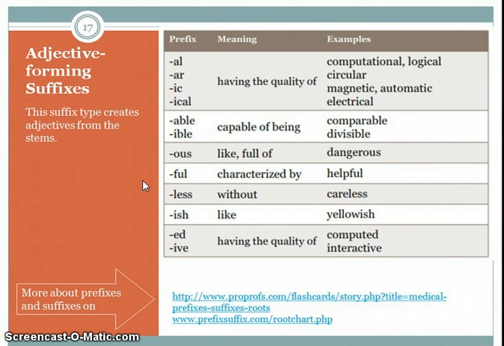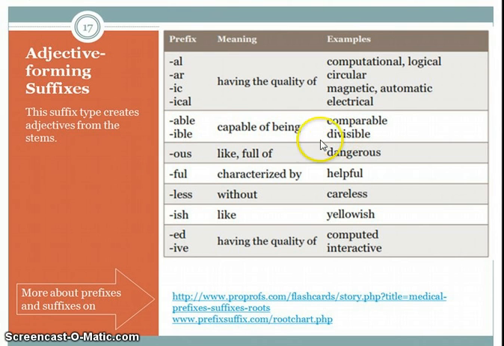And adjectives. Again, adjectives also have some meaning, and again here it should say suffix, and we can see how all of these have meaning as well. So when we have al or ar or ik or ickle, it says the quality of, or able, can, capable, comparable, we can compare it.